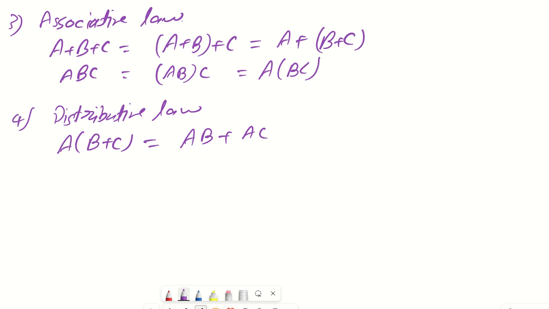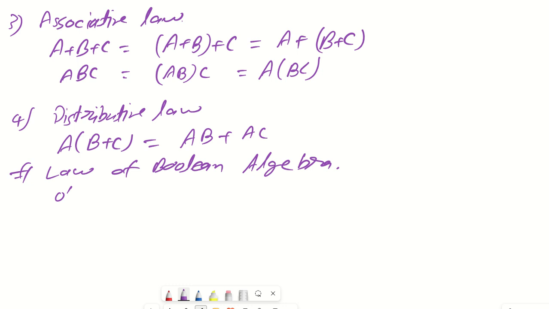Now let me give you an expression and try to find out what it is. Can you tell me the laws of Boolean algebra? As I told you already that 0 prime or 0 dash is 1, like the complement of 0 is 1 or the complement of 1 is 0.